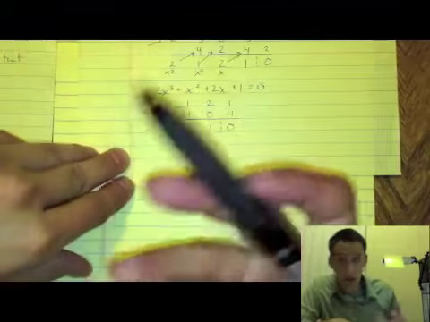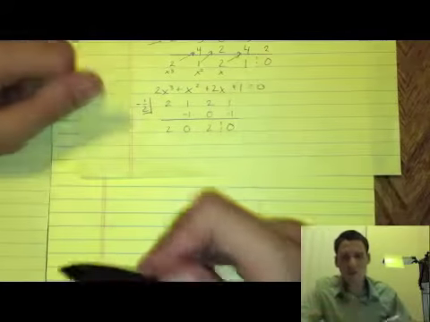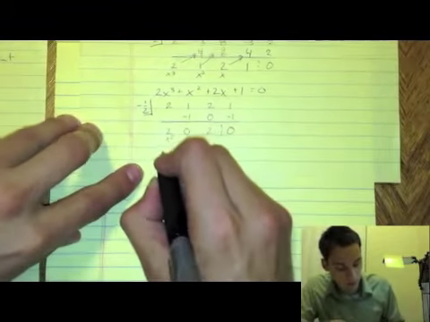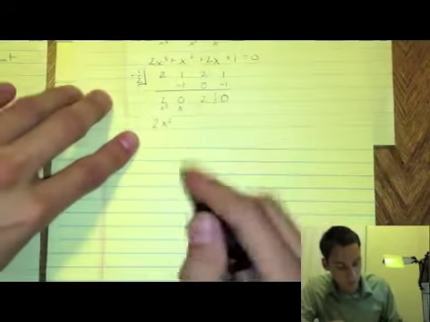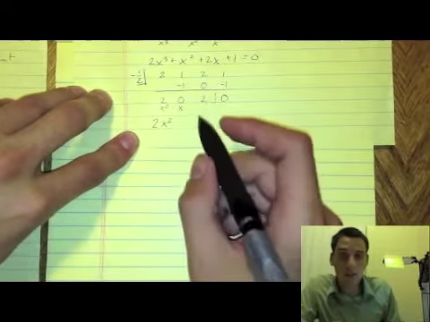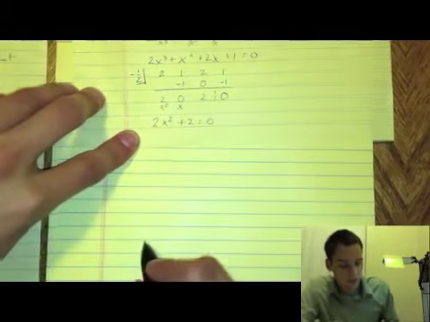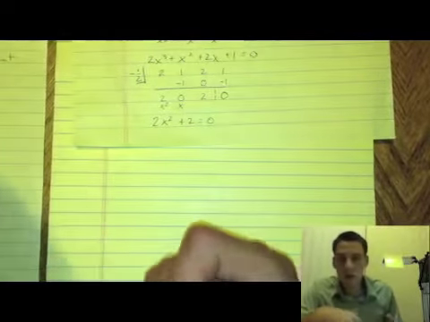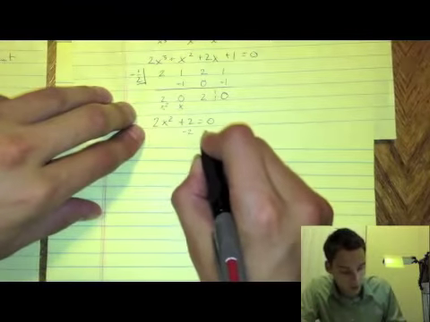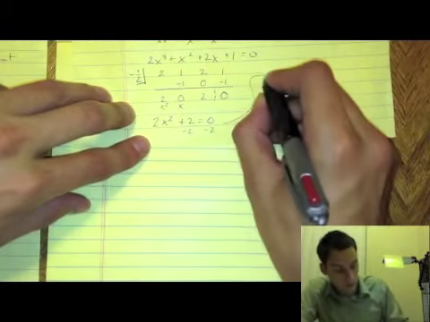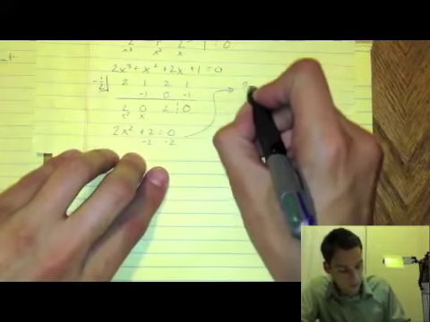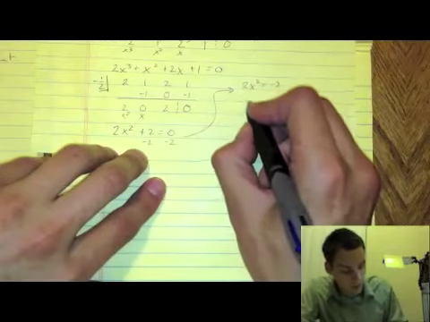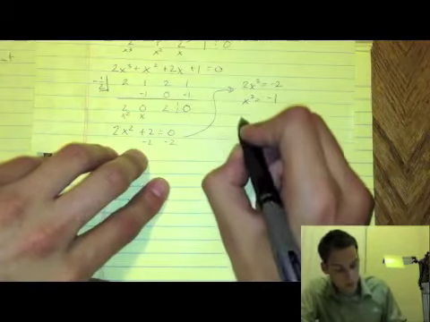So now, I can write yet another depressed equation. This will be my x squared term, so I have 2x squared plus 0x, I'm not even going to write it, plus 2 equals 0, and I can solve this by just subtracting 2 and dividing by 2 and then square rooting both sides. So I have 2x squared equals negative 2, divide both sides by 2, and I'll get x squared equals negative 1, square root both sides.